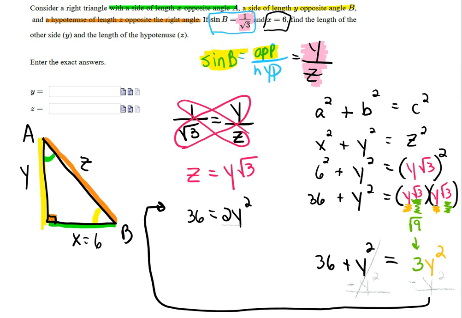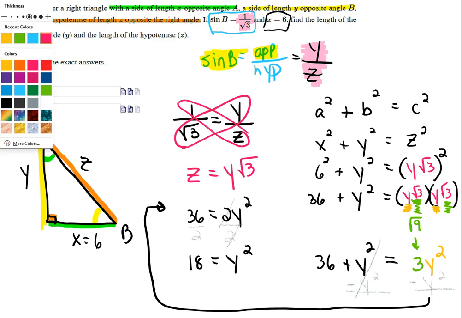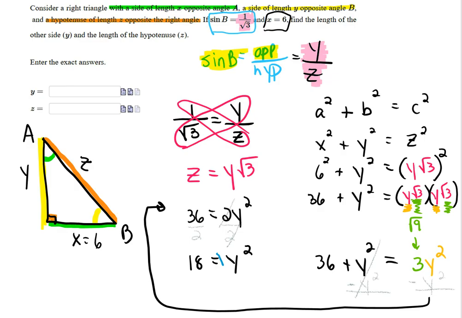Then I'm going to divide both sides by 2, and 36 divided by 2 is 18, and that equals y squared. Now if you want to figure out what y is, I am going to square root the y squared, but what you do to one side, you have to do to the other. If you square root a y squared, you're just left with y.